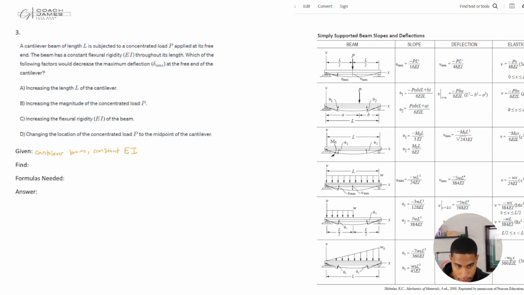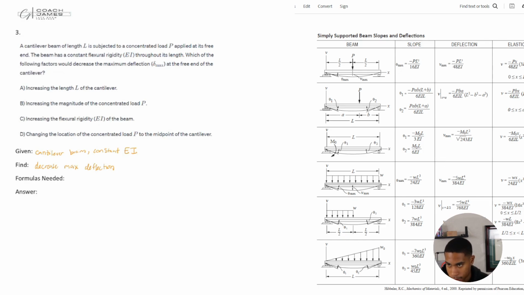Okay, so what are we trying to find? We're trying to find which of the following factors would decrease max deflection. Okay, so let's just look at this.